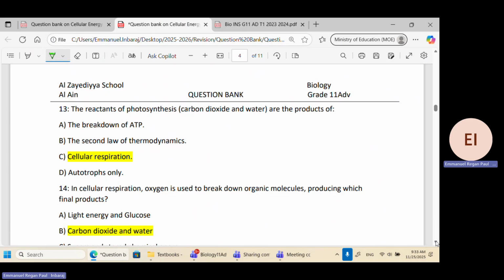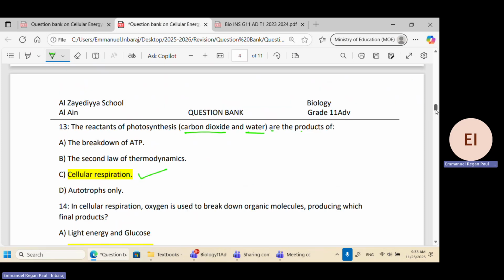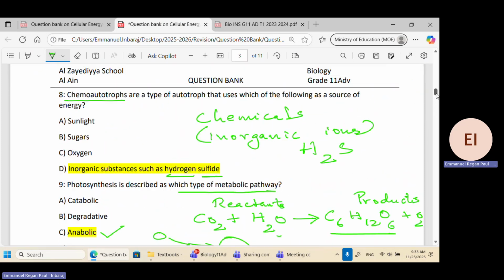Okay, the 13th question. The reactants of photosynthesis, carbon dioxide and water, are the products of what? They are the products of cellular respiration. So from where do you get this? Go back to this page.